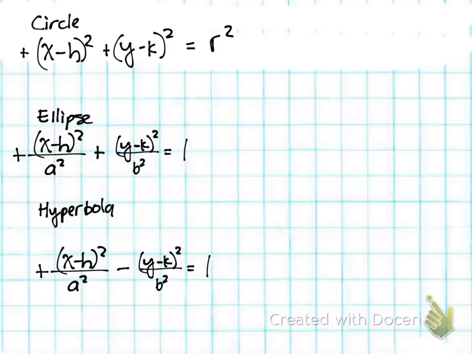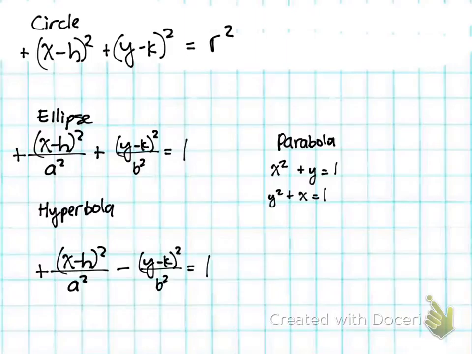Okay? And then parabola, I won't go into it in too much detail. A parabola will either have x squared plus y, or y squared plus x. This is just a real basic form right here.